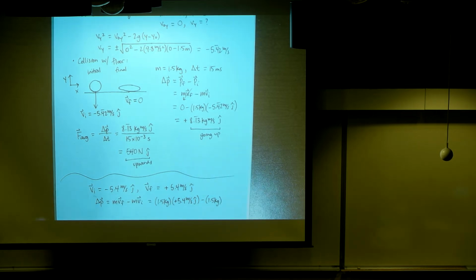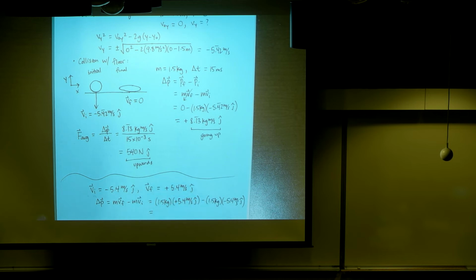Again, I have to be careful. v initial is a vector. It's got a negative sign attached to it already. Minus 5.4 meters per second j hat, like this. So hopefully you can just see that it's twice what we had before, but what does that work out to?